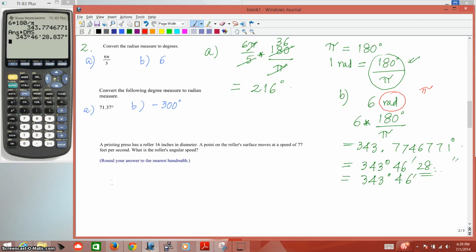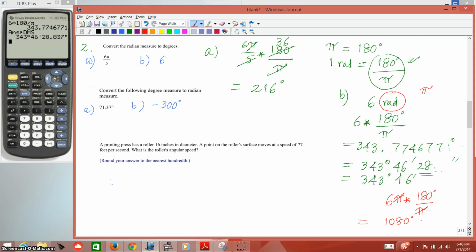So if I ask you to find your 6 radians, and if you wrote it down like this, 6 pi times 180 degrees over pi, and you simplify, pi got cancelled. When you multiply, it does come out as a very nice integer value for that degrees, and that could be one of your choices in the multiple choice answers.